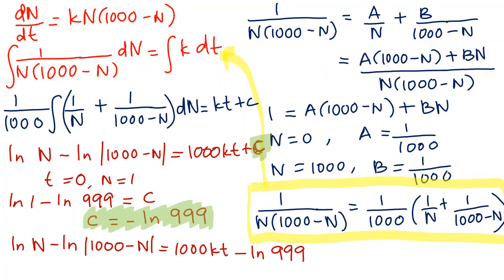Okay, since in the question you were given a value of k, so k here equals 0.0004, we are going to substitute the value of k.